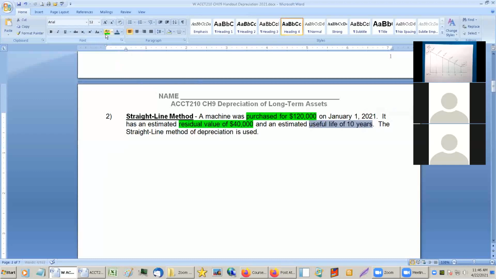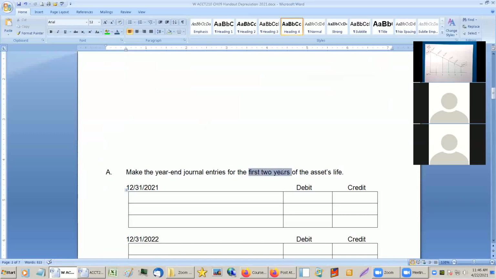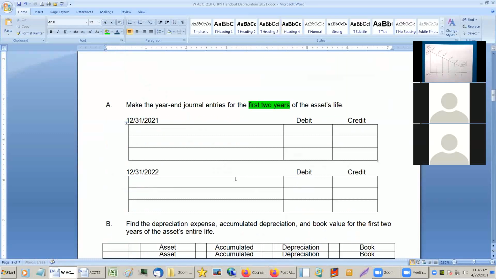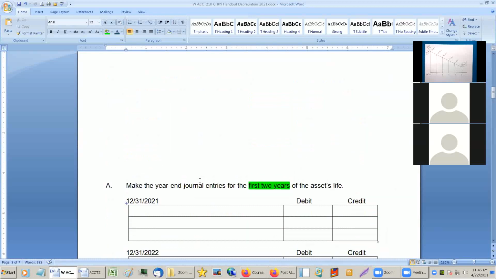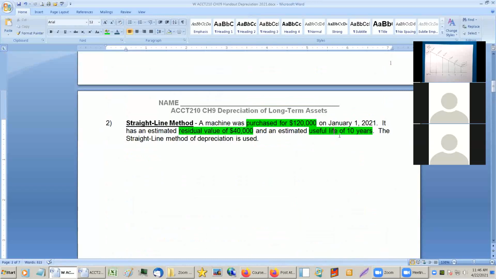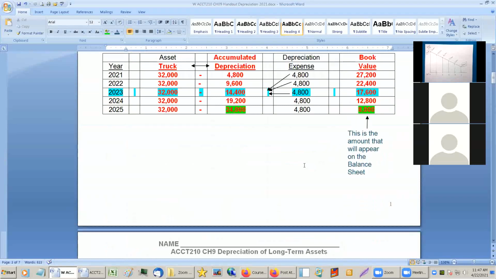Now we're not going to do all 10 years. We could do all 10 years, since you're going to depreciate it over 10 years, but we're just going to do the first 2 years. Okay.